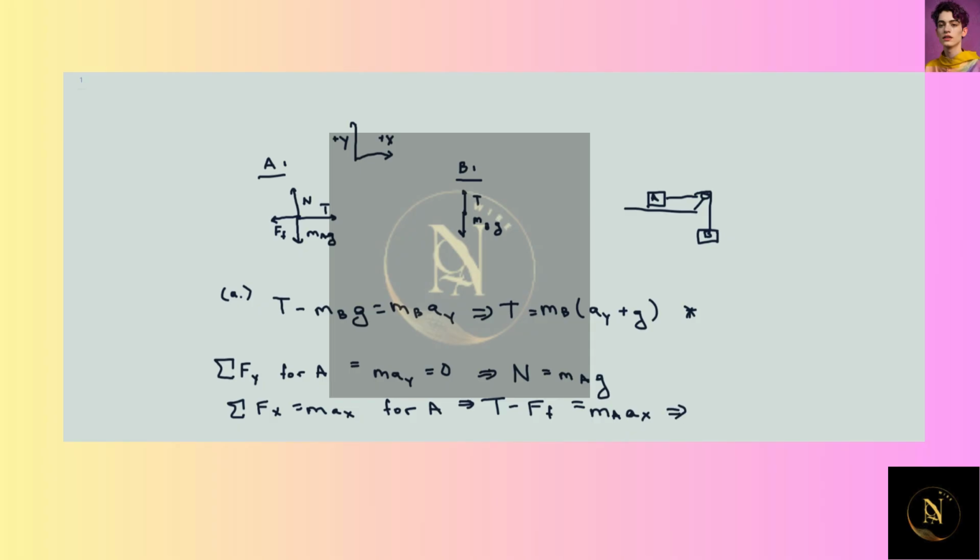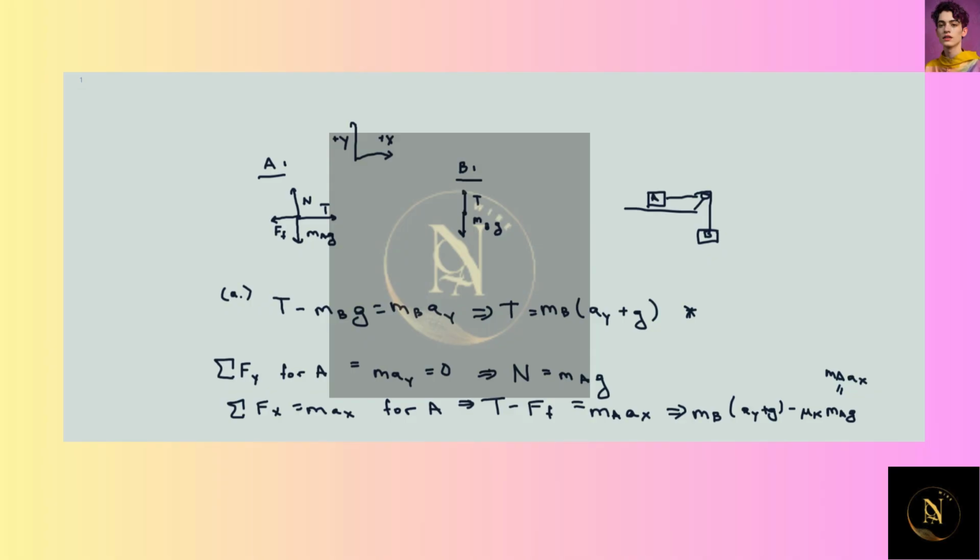And this implies, ultimately, that mass of B times (acceleration y plus g) minus coefficient of kinetic friction times mass A times g is equal to mass A times acceleration in the x.